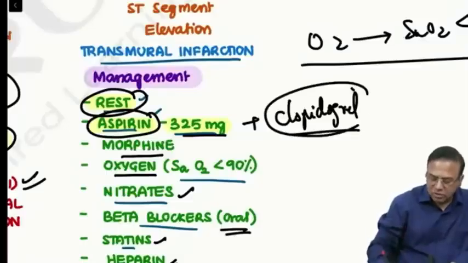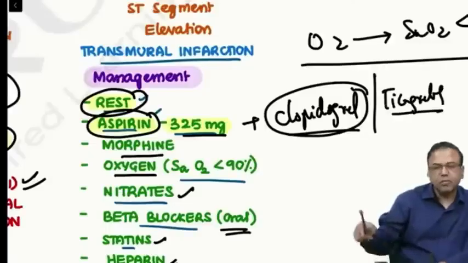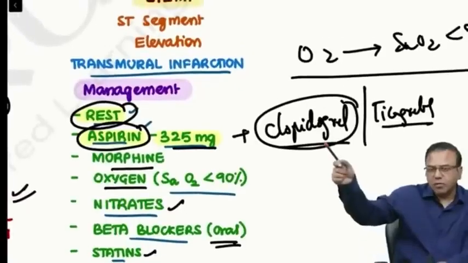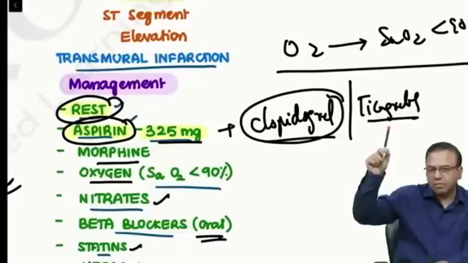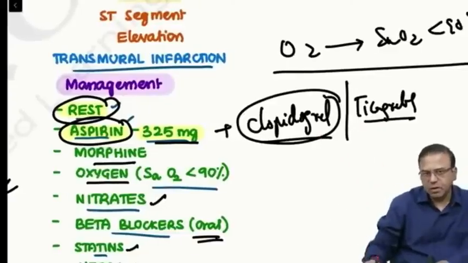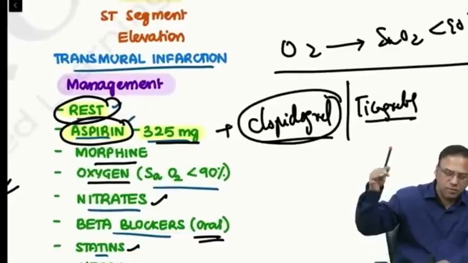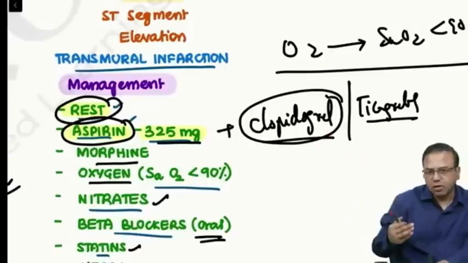Because of all the headache of clopidogrel, we now prefer ticagrelor as an alternative. In India, we use clopidogrel because of the cost factor. Ticagrelor is more expensive, but when available, it is preferred over clopidogrel in most ischemic heart disease nowadays. Ticagrelor has become superior; clopidogrel is the inferior drug. Better to go for ticagrelor.